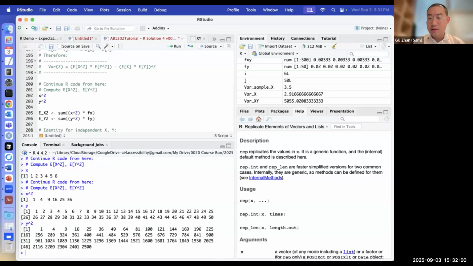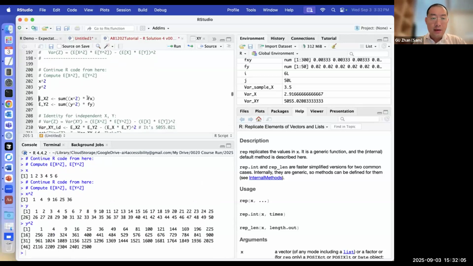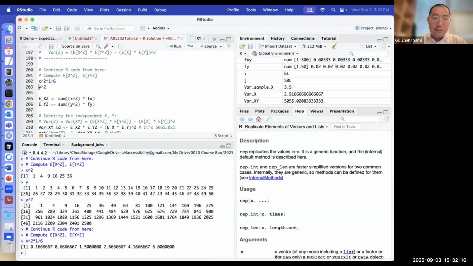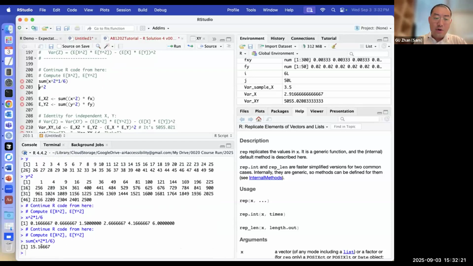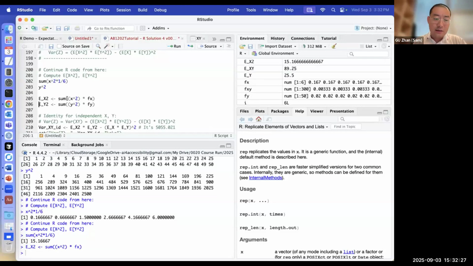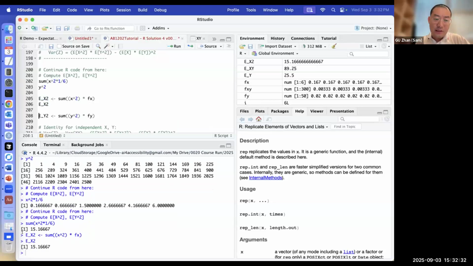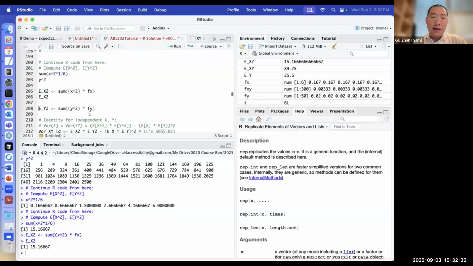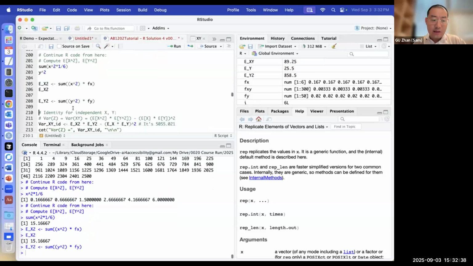You have that list of 6 numbers and 50 numbers, then multiply by their corresponding frequencies. X squared times 1 over 6, just 1 over 6. Then you have these numbers and you sum them together. So this is 15.1167, your expected X squared. Then we have Y squared, and the expected value of Y squared is this value.